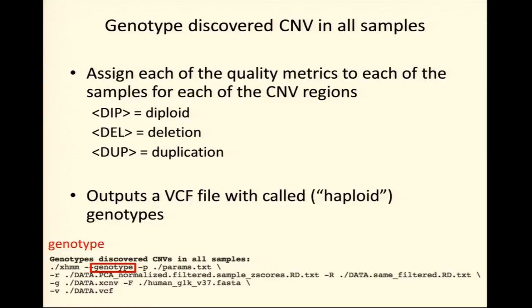What the genotyping step does is take every single CNV called in the discover step, genotype those, and ask what the hard call is, diploid, deletion, or duplication, for each of the samples. But importantly, not only does it give you the hard call, it also gives you all those metrics that we discussed earlier for all of the samples.